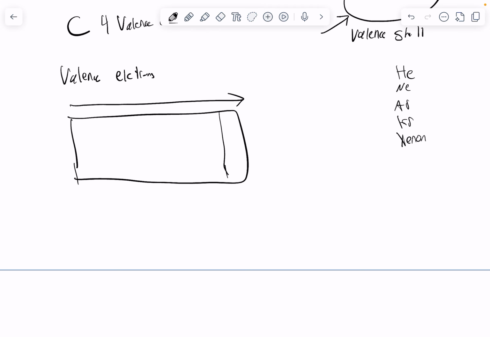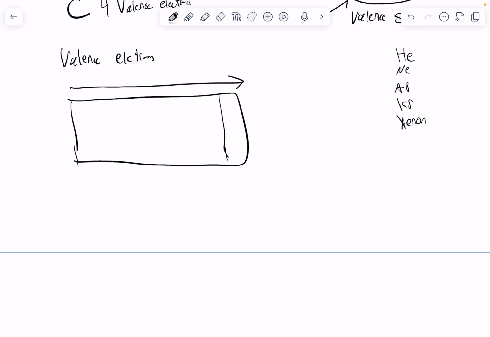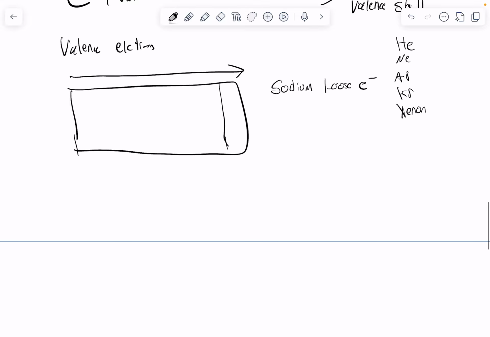So there's different ways that these atoms do it. Sodium can lose an electron, and potassium can also lose an electron. These are like the alkali metals, for instance, or you can be a halogen like chlorine, fluorine, bromine, and iodine. These take electrons.